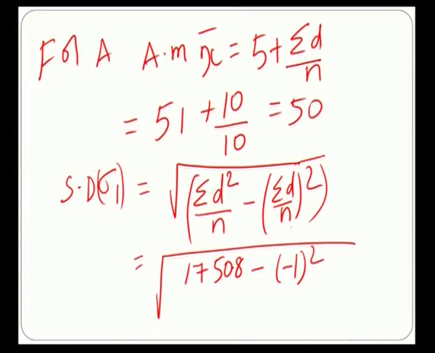The summation of d over n gives the value minus 1, that is squared. We got this. After simplification of this, the standard deviation for batsman 1 came as 41.8. This is the standard deviation for batsman 1, batsman A.